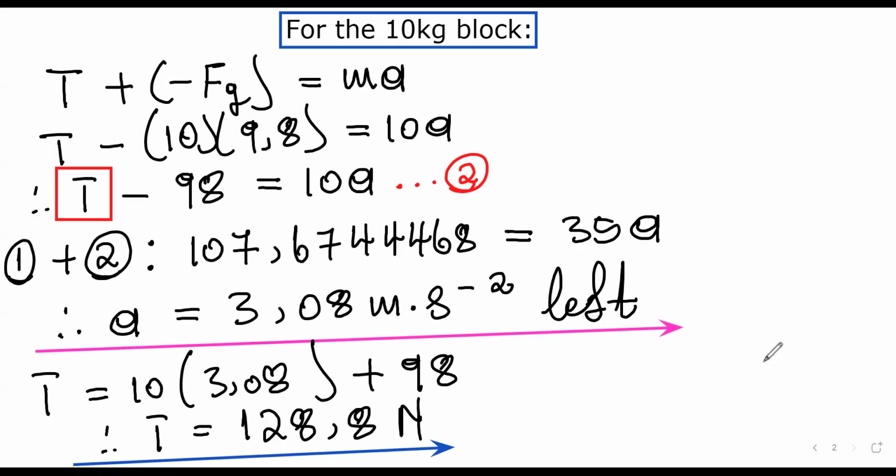But if they say the tension acting on the 25 kg block, you'll say right. But if they say on the 10 kg block, you'll say upwards. But if they just say calculate the tension, you don't give them the direction, because you don't know which block it is acting on. So when they don't specify which block, assume they're actually saying the magnitude of the tension.